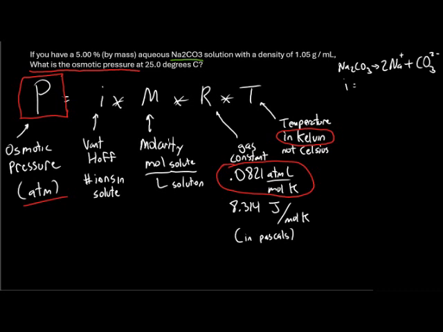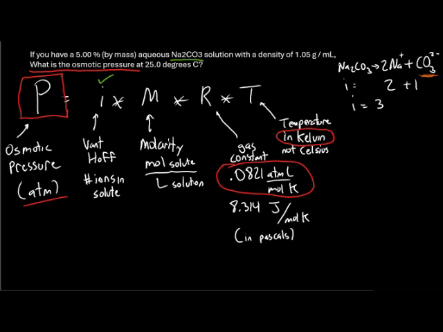Recall that CO3 2 negative is a polyatomic ion. It will not break down any further. The two pieces of sodium will also break away from that. This gives us 2 for the sodium plus 1 for the CO3, a total of 3 ions, meaning our Van't Hoff factor is 3. We'll check that off to show that we know it.